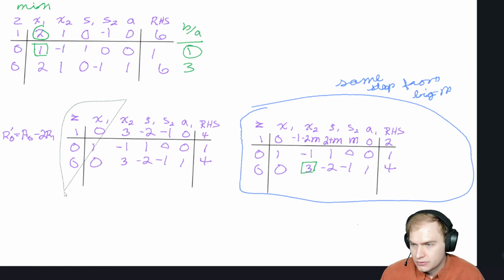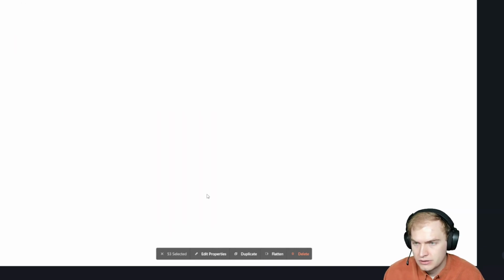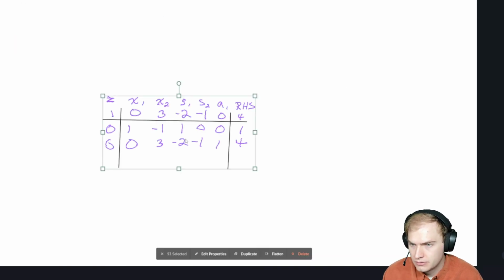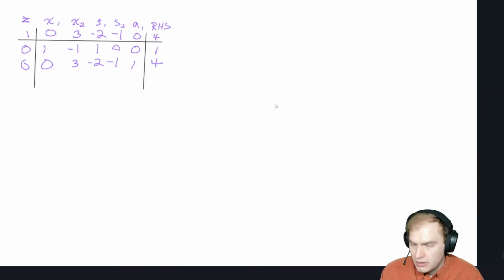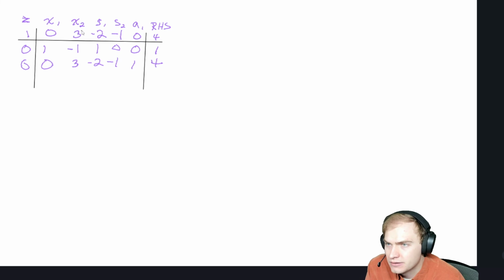So let's grab this one, paste it here. Again, we're minimizing. So we pick the largest positive, and we do B over A: negative 1, ignore him, 4 over 3.